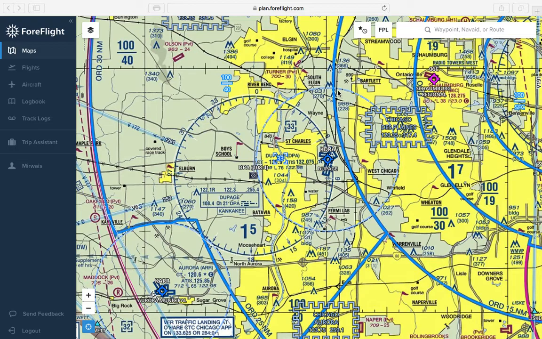But this portion right up here is entering Bravo airspace. If you're staying at 3,300 MSL, you'll be inside Bravo. So for some reason you probably need clearance to enter Bravo with the Bravo air traffic controller.